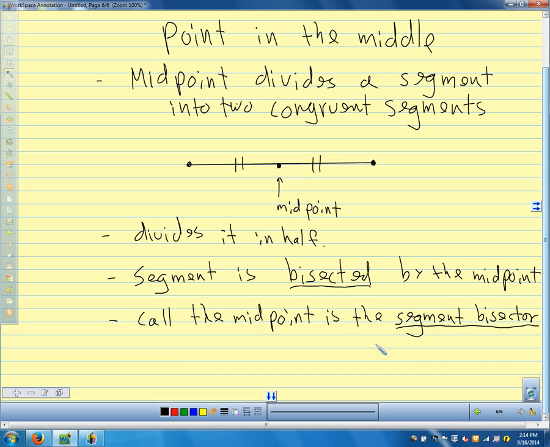So if we had a line that divided the segment in half, the line would be the segment bisector. It would cut the segment in half.